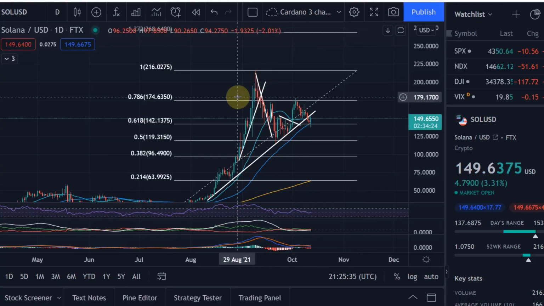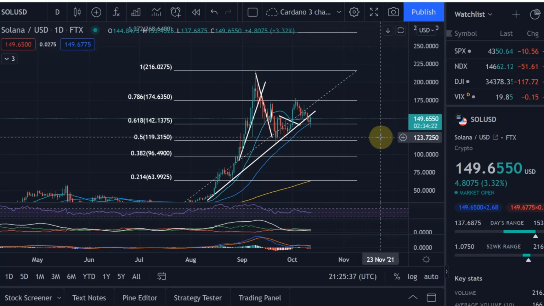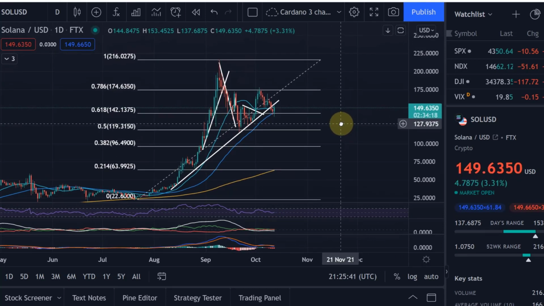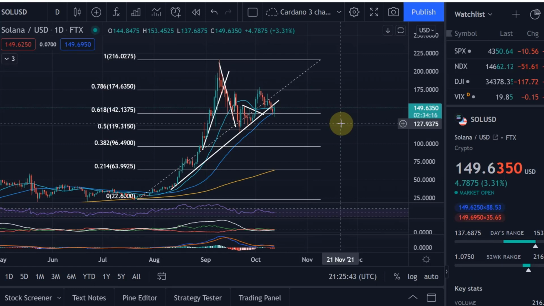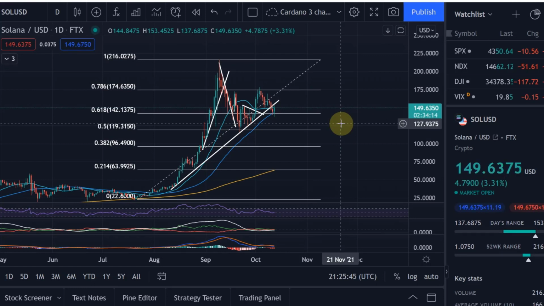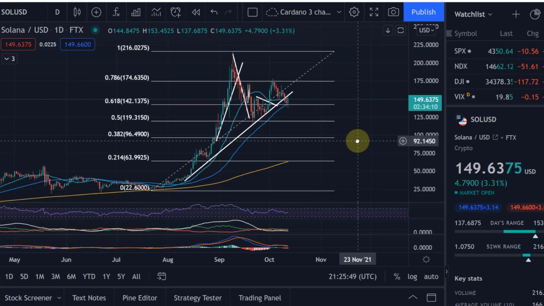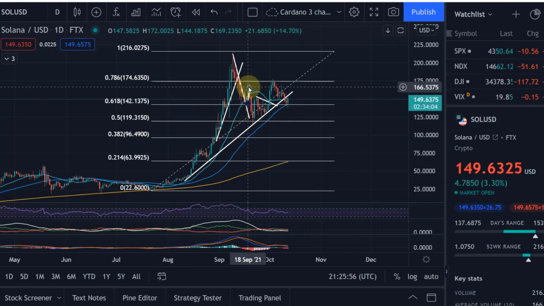In this video I want to cover Solana. We've covered Solana a few times now, and we are currently finding support at a key level here, and this is really where these Fibonacci retracement levels come in so handy. That's why it's so important to be able to draw a valid Fibonacci, just to identify key levels of support and resistance.